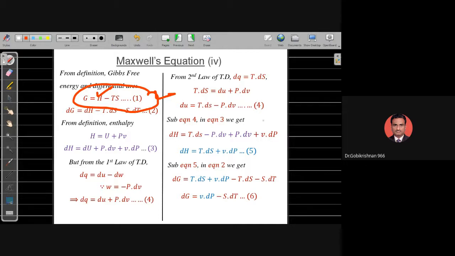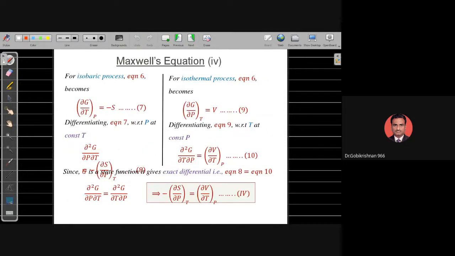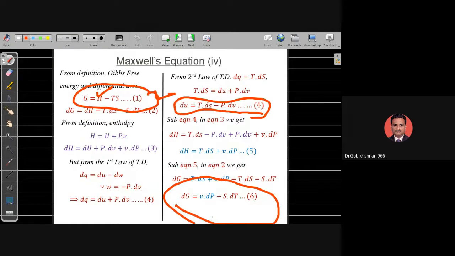We got equation number 4 like this: dG is equal to T dS minus P dV. Then we have to rearrange, and ultimately we got the expression like this, equation number 6. In equation number 6, two terms are there on the right side.